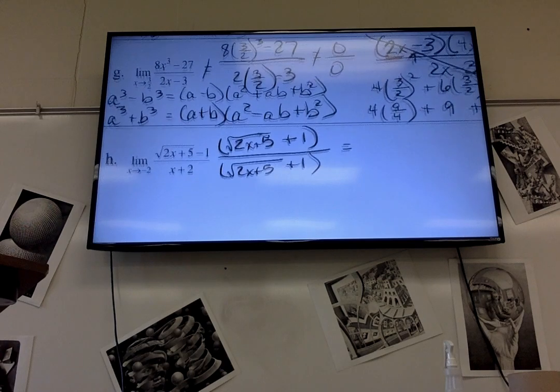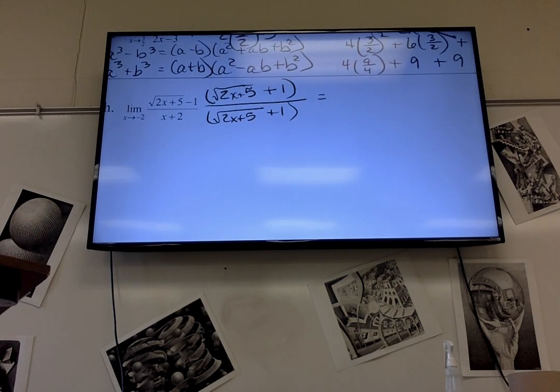I can make it bigger so you can see it. Now on top, that's the difference of 2 squares. So I'm just multiplying first times first, which if you have square root times square root goes away. And then -1 times 1, so it's -1. On bottom, just leave it like it is.